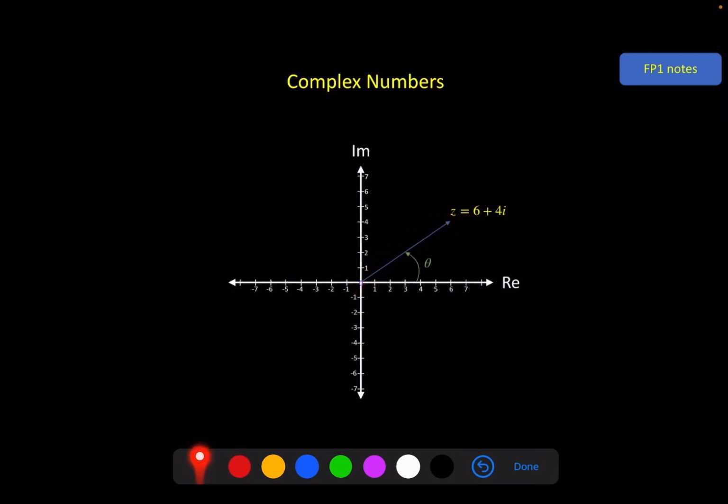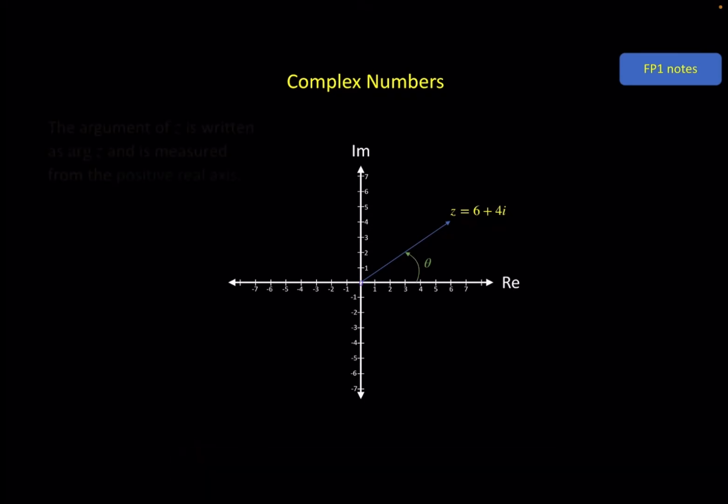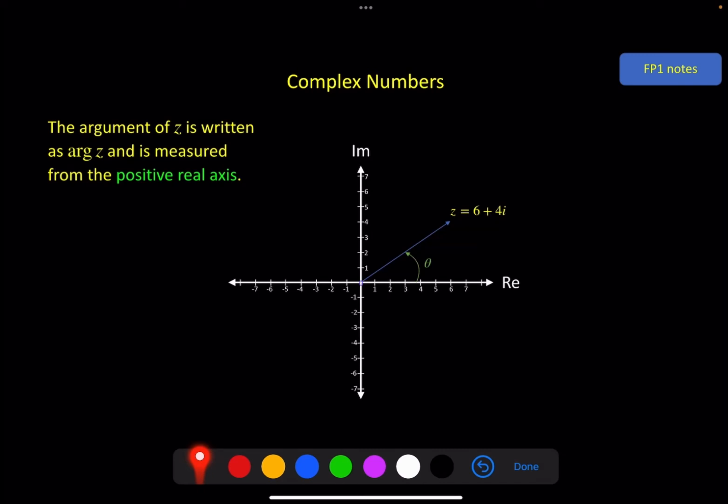The argument is all about the angle here, theta. It's measured from the positive real axis, but as we'll note in a few moments, it's not always measured counterclockwise, so we'll have to be careful of that. To calculate the value, we do it in the usual way as well.